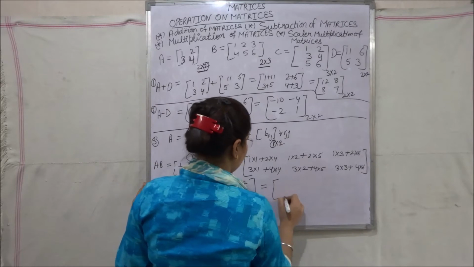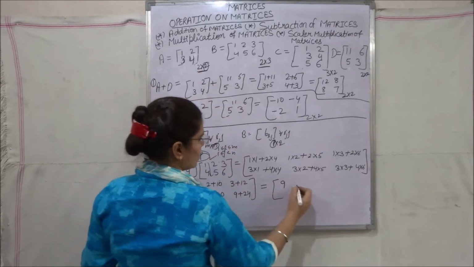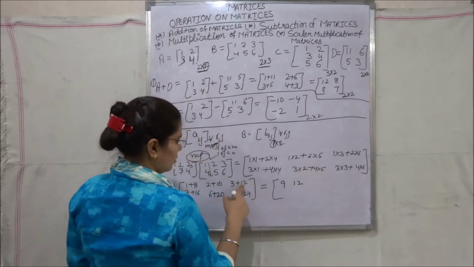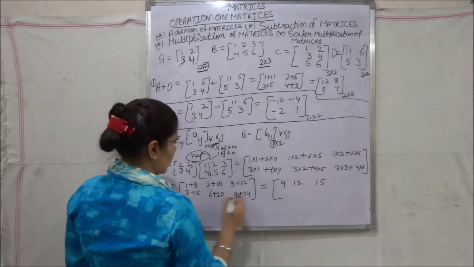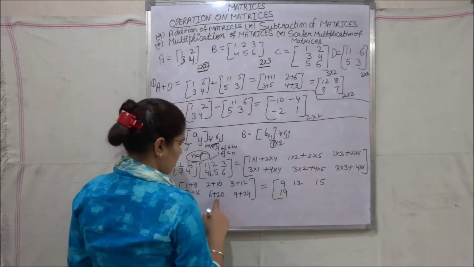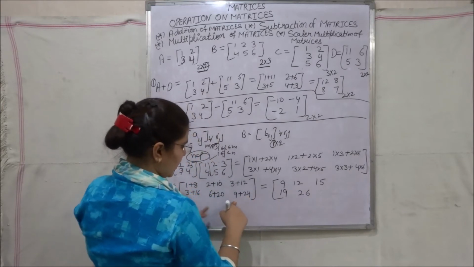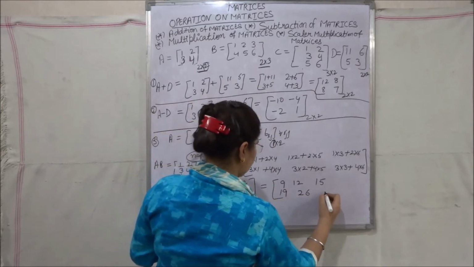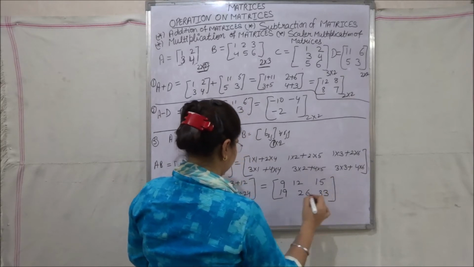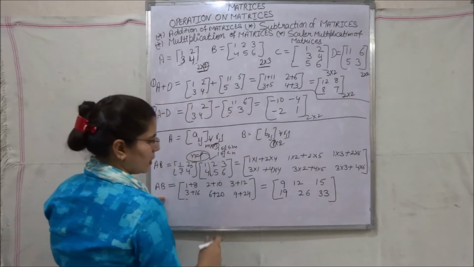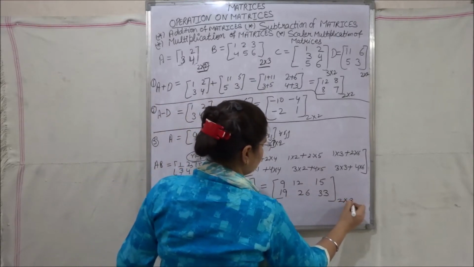So after solving, 8 plus 1 is 9, 2 plus 10 is 12, 3 plus 12 is 15, 16 plus 3 is 19, 26, 24 plus 9 is 33. So it is of order 2 cross 3.